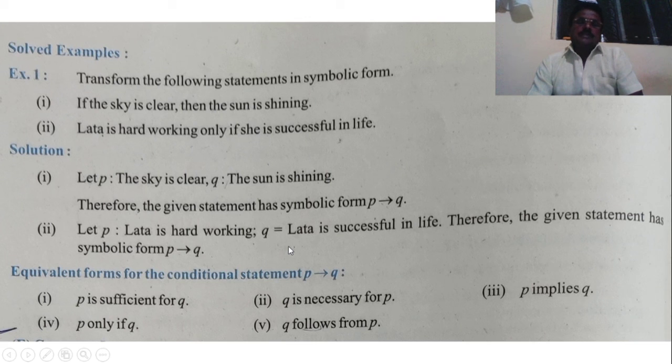Next, second statement: Lata is hardworking only if she is successful in life. The first simple statement of this compound statement is P, Lata is hardworking, and the second simple statement is Q, Lata is successful in life.